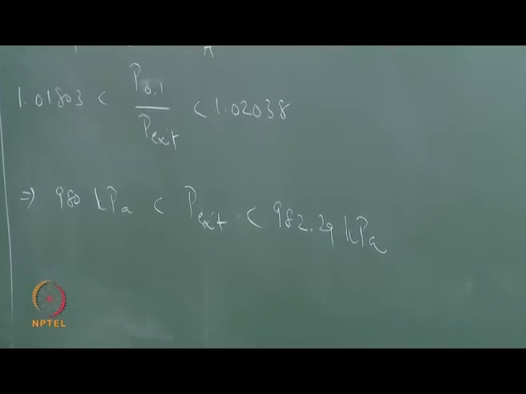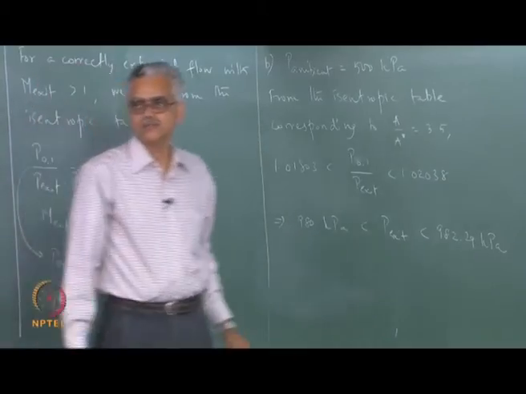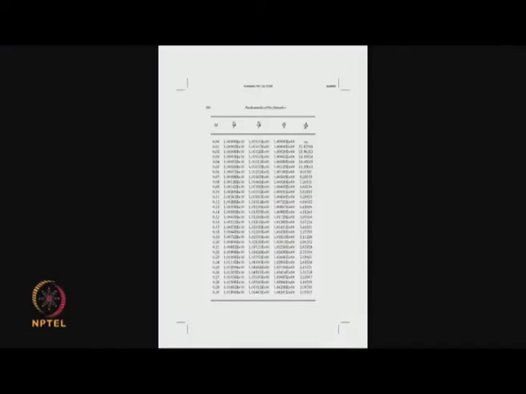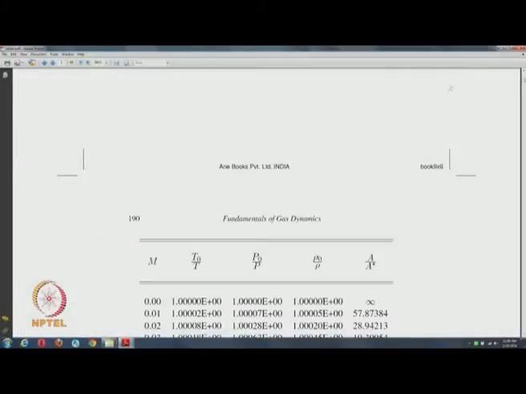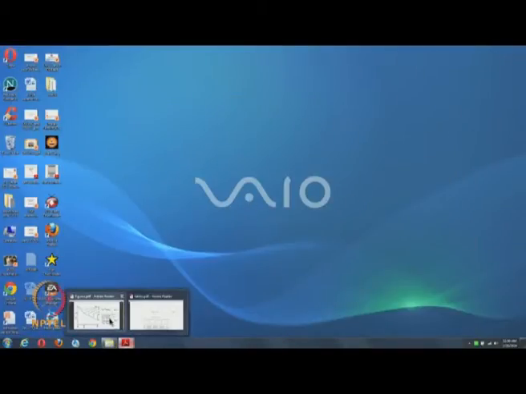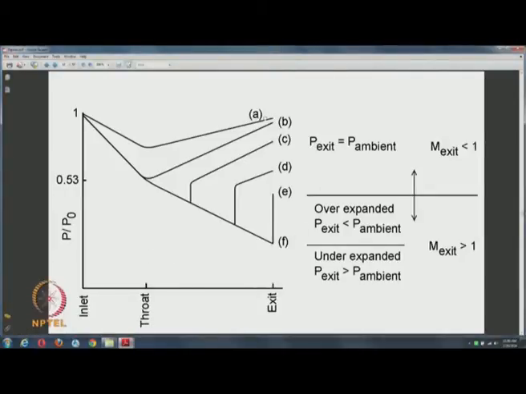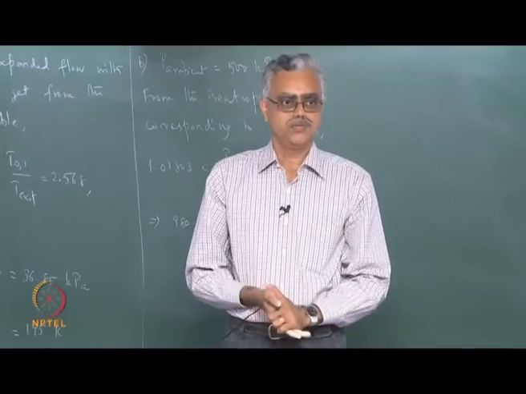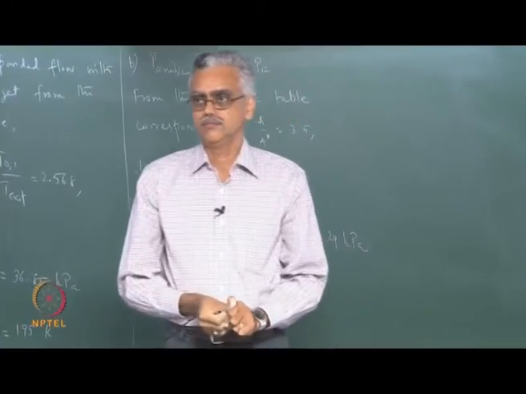So, the given value is 500 kilopascal, correct. So, if you revert back to the other figure, you can see that the pressure corresponding to B is now about 982 kilopascal, and this was about 36 kilopascal corresponding to F. The given value of 500 kilopascal lies between B and F. So, that means there is a normal shock somewhere in the divergent portion of the nozzle, okay.